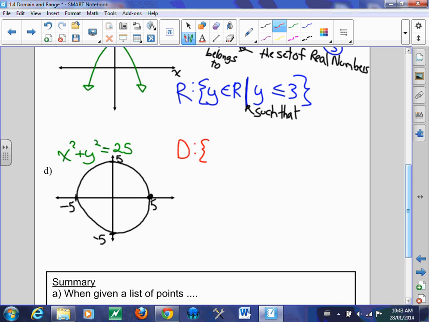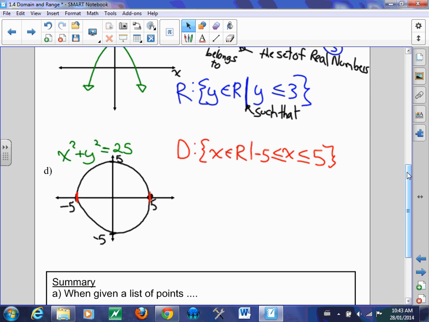Because it's a relation, x belongs to a set of real numbers such that, what are my limits? How far left can I go on my x? -5. And how far right? 5. So I put my x in the middle, and x has to be greater than or equal to -5, but less than or equal to 5.